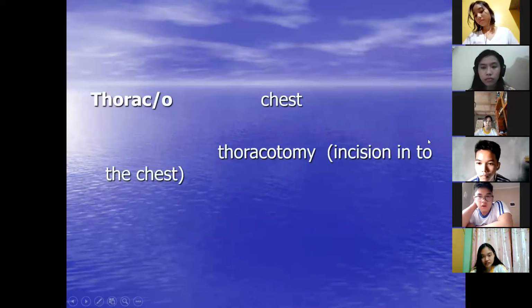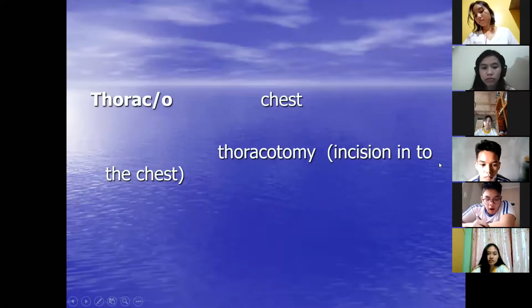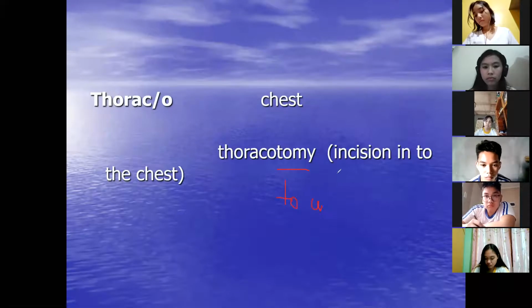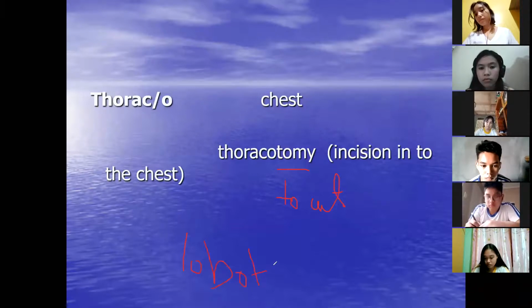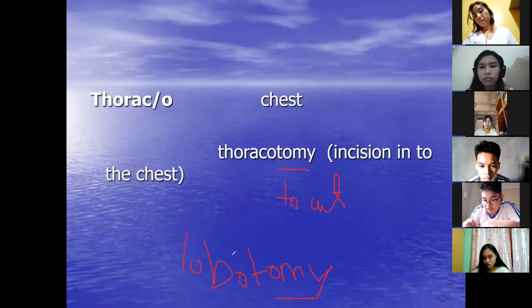Then we have thoraco or thorax. That means chest. Thoracotomy means incision of the chest. Again, tomy is to cut. Just like lobotomy. I'm not sure if you're familiar with the term lobotomy. Kidding aside, this is a term used by medical practitioners. Lobotomy is a surgical operation of the head.